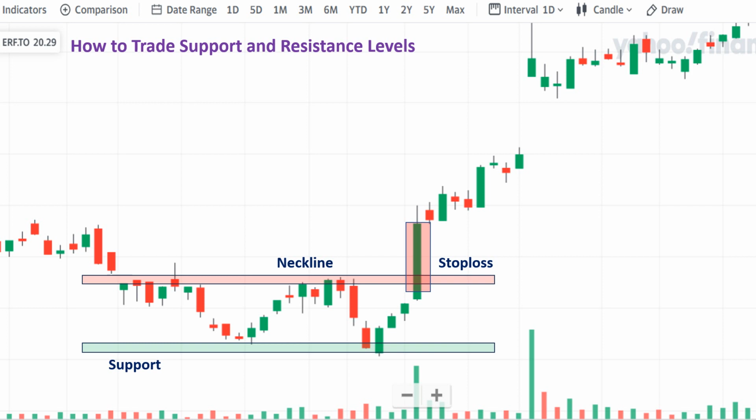Additionally, our profit target would be set at a level above this bullish candle that allows for a reward-risk ratio of at least 2.5 to 1. This approach demonstrates how to effectively draw support and resistance levels and utilize them to enter trades based on significant price action patterns.